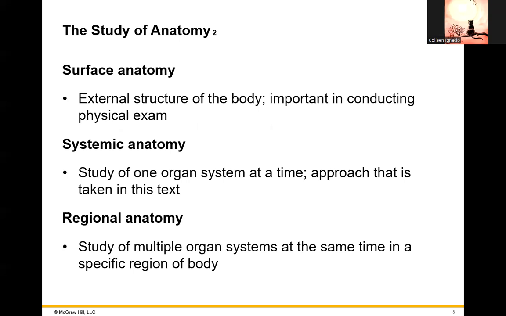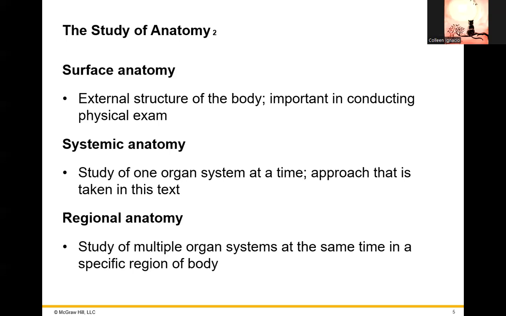So let's talk about surface anatomy. Surface anatomy is just looking at the surface. We're looking at the external structure of the body or the body part. This is important for you to sharpen those skills, especially as you get deeper into your studies and you start conducting physical examinations.